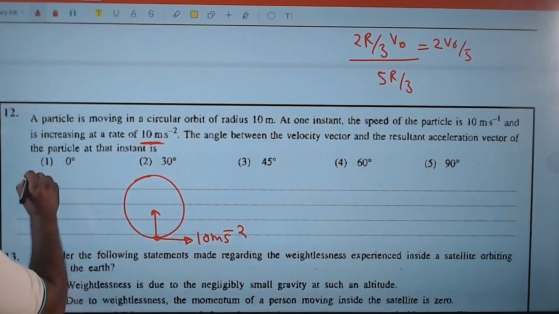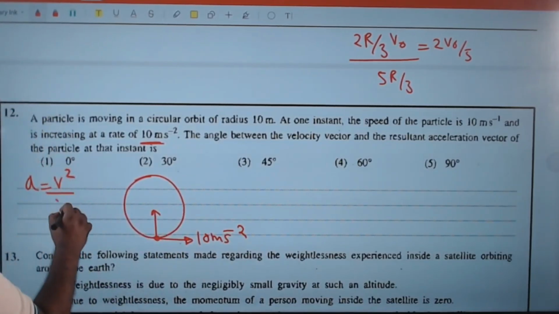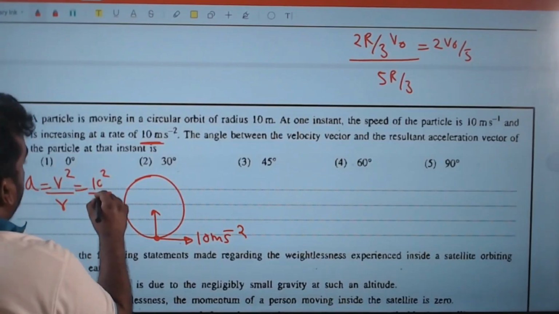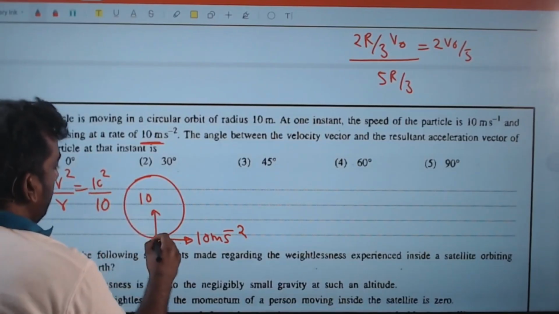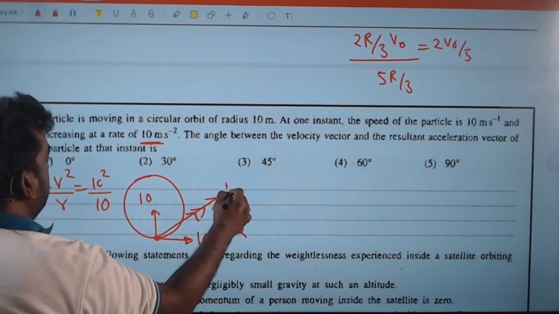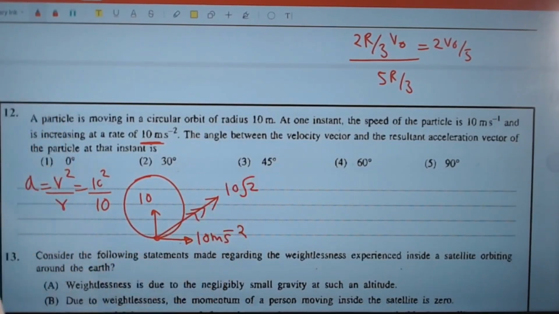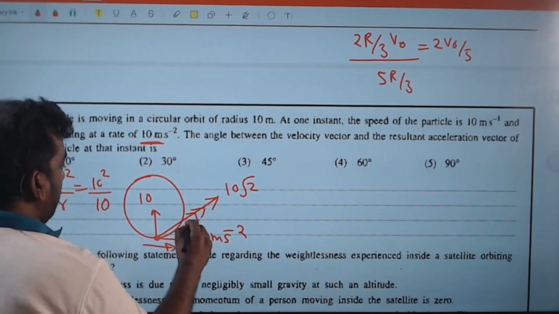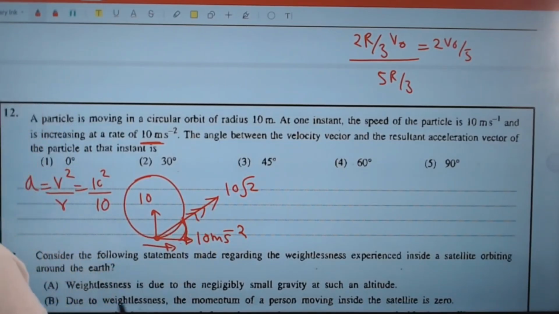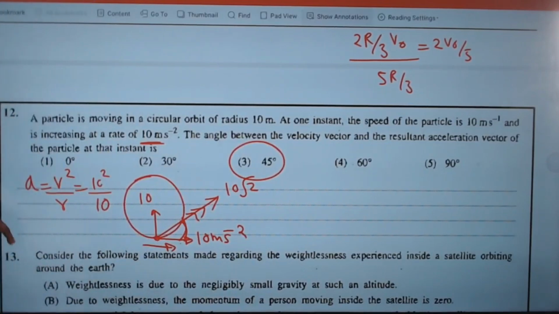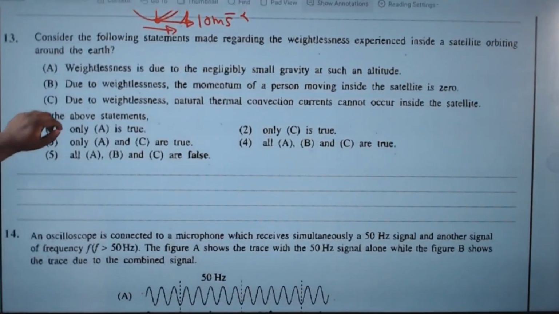Centripetal acceleration is v squared divided by r, 10 squared over 10, 10. So 10 and 10, the resultant is 10 root 2. So what's the angle between the velocity and the resultant? That angle is going to be 45 degrees. The correct answer is answer number 2. Right.